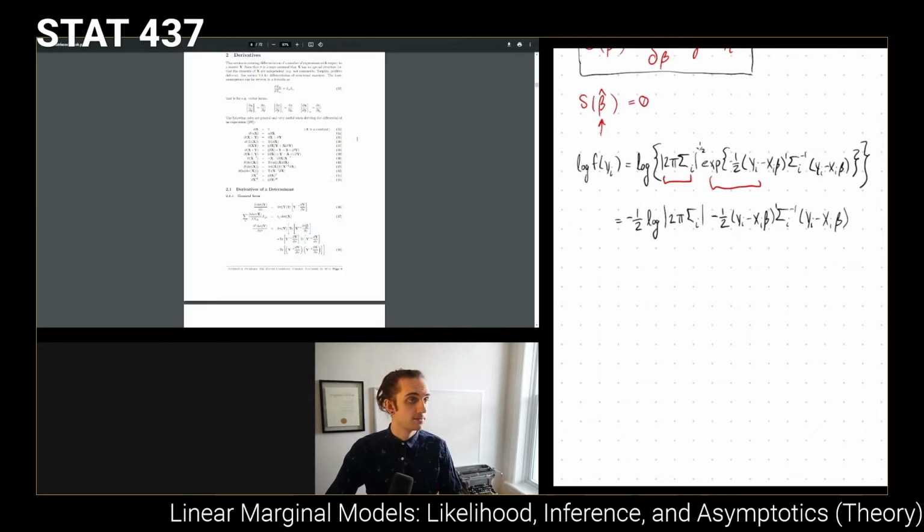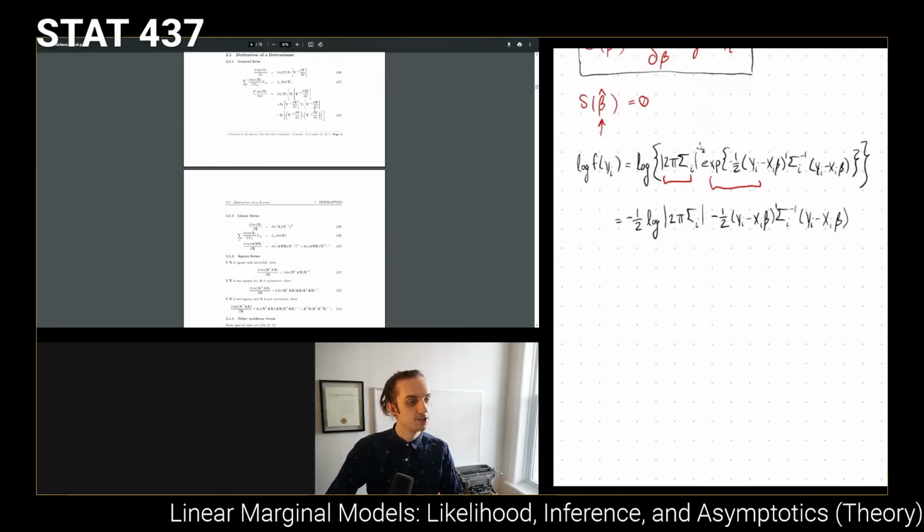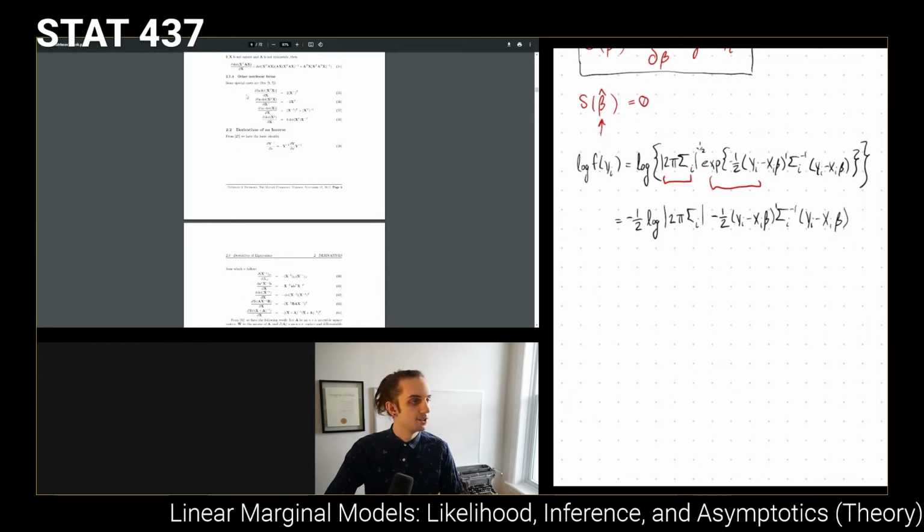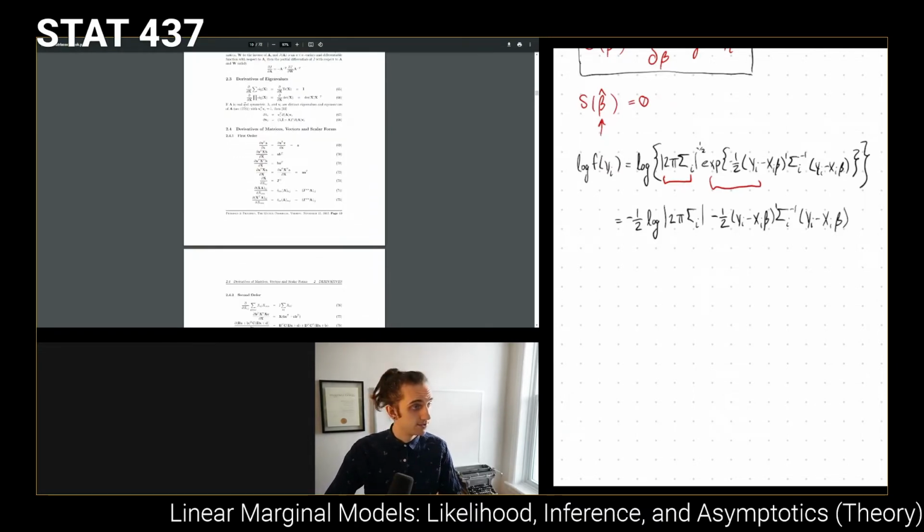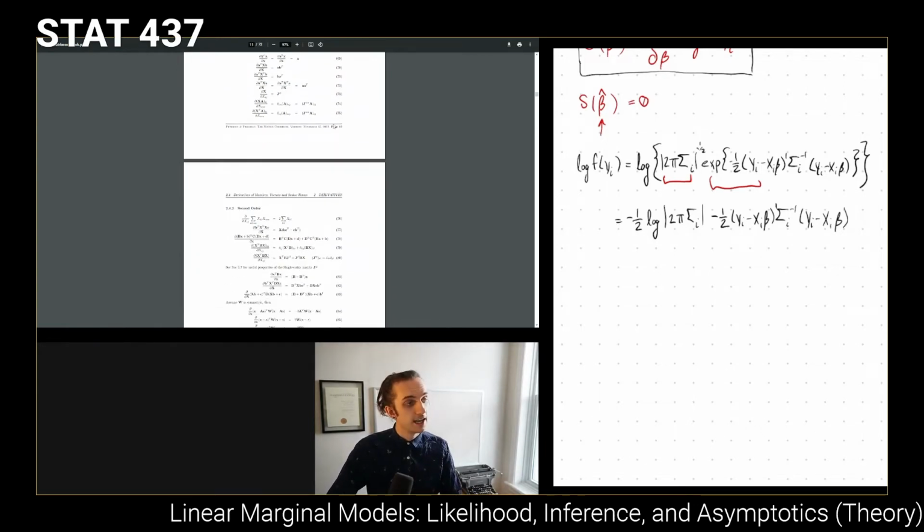If we open up chapter 2 here, you can see that it's a book with loads of results about different differentials, different derivatives of traces, of determinants, of different forms of matrices with respect to vectors or scalars or anything else.